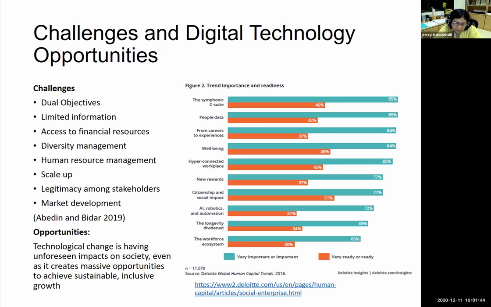At the same time, there are many opportunities afforded by technology to these enterprises. Deloitte did a report on this, and they talked about some of the challenges, but also the opportunities.